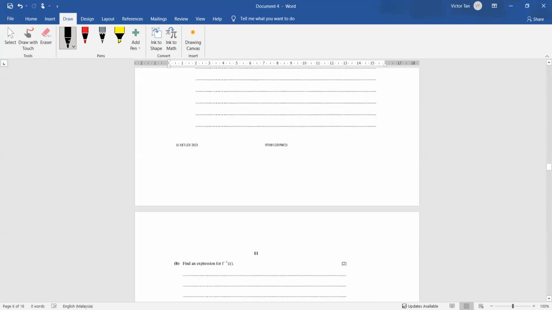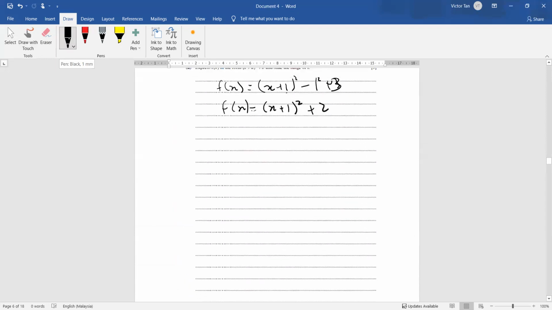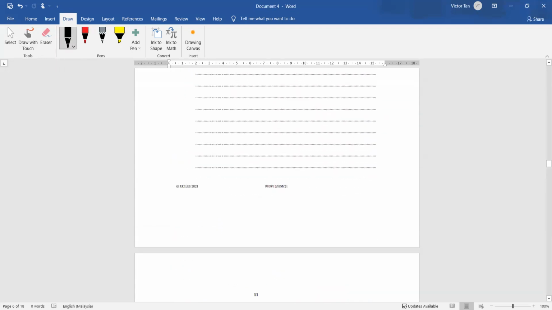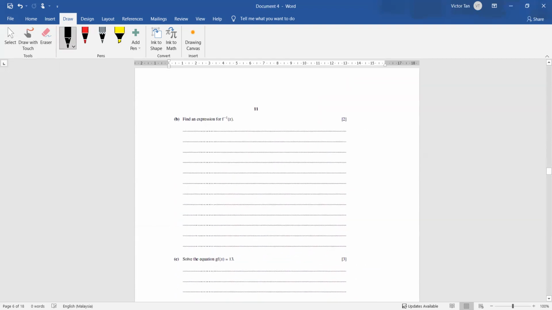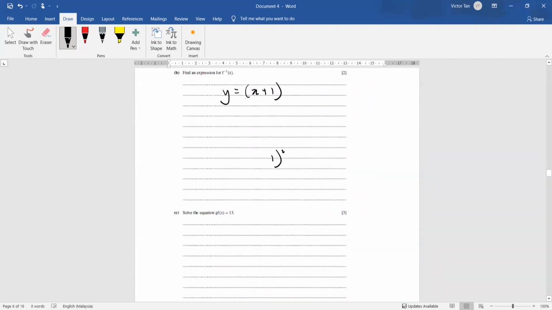Okay, next. Find an expression of the inverse function of f(x). So we're going to do an x-y interchange. So y equals (x plus 1) squared plus 2.